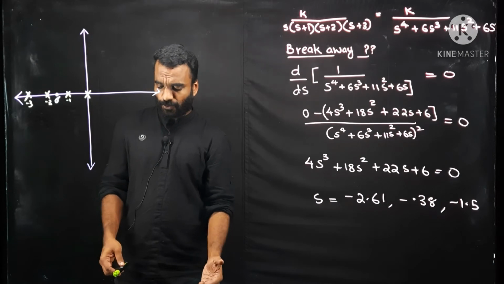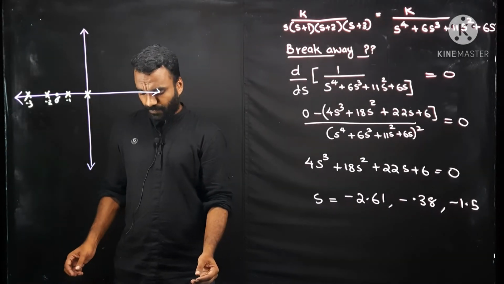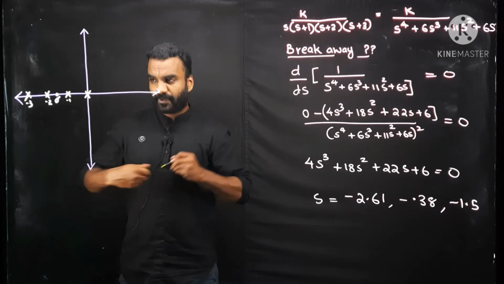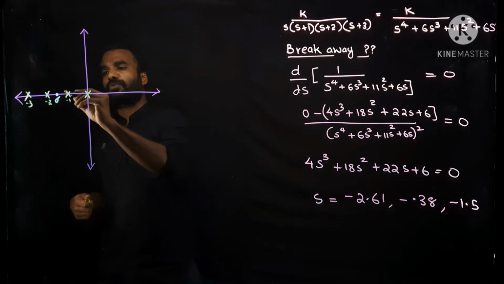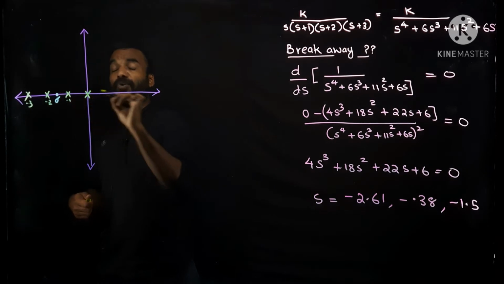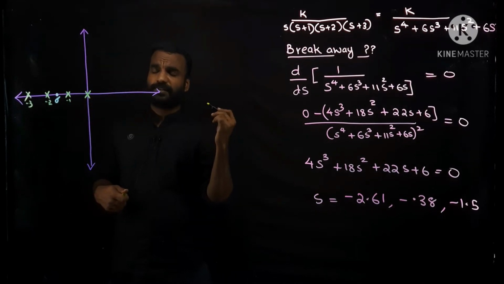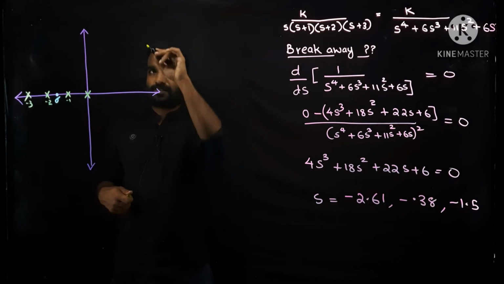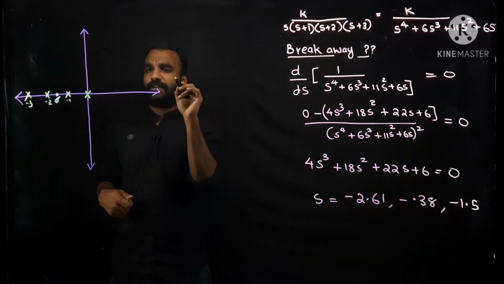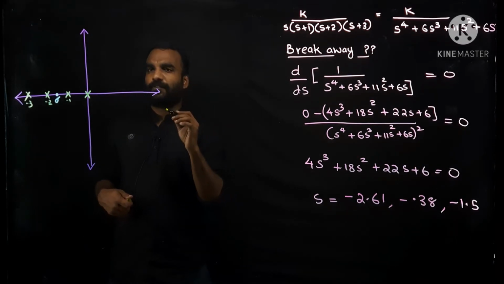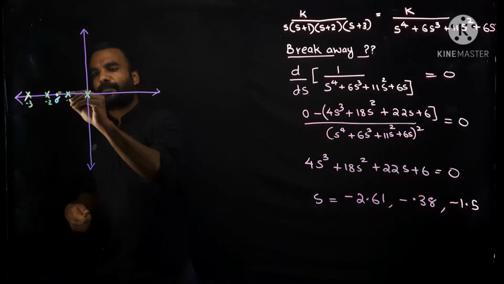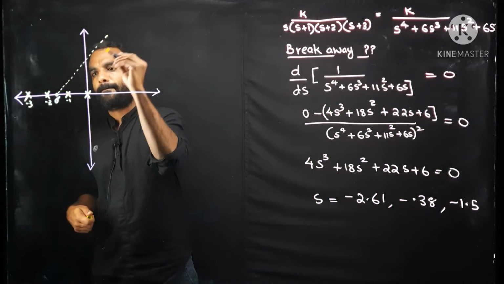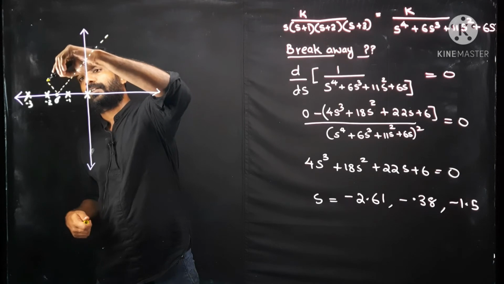If it is 4, no need to draw it separately, no need to calculate. If the number of asymptotes is 4, we are having just a cross mark: 45, 135, 225, -45. So these will be the angles of asymptote.